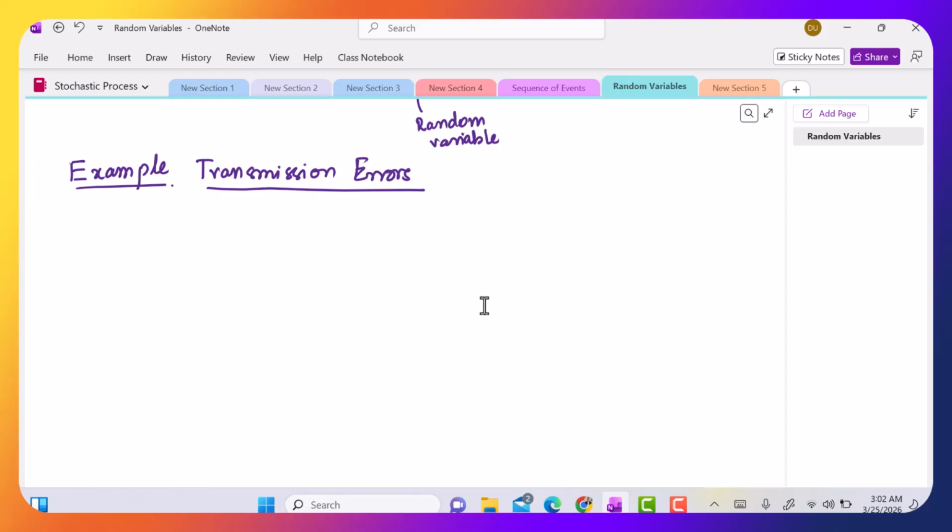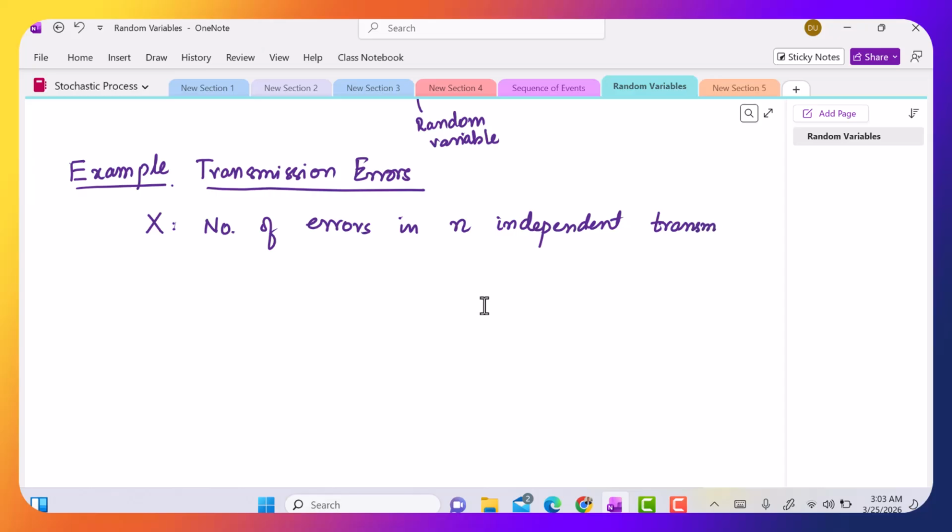Let's say for this example, we use the random variable X, which for this particular problem is the number of bit errors, the number of errors in n independent transmissions.